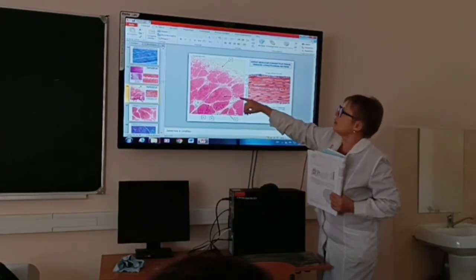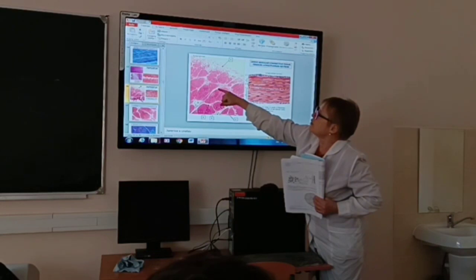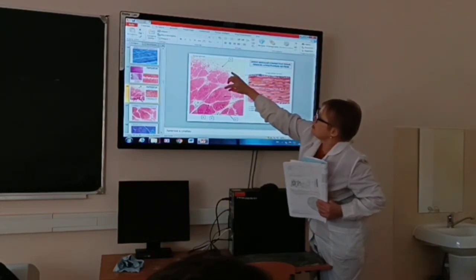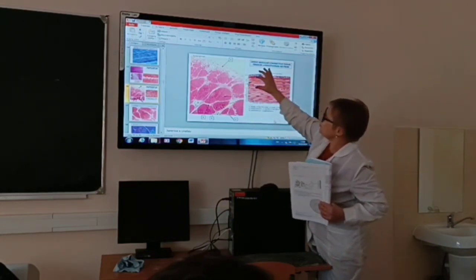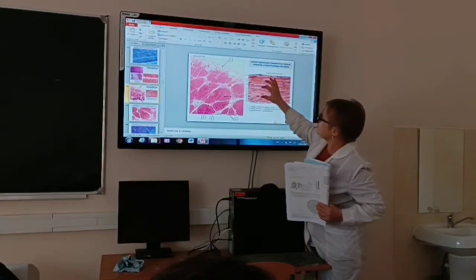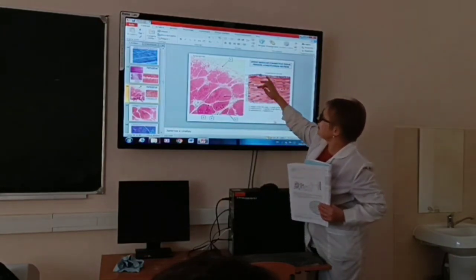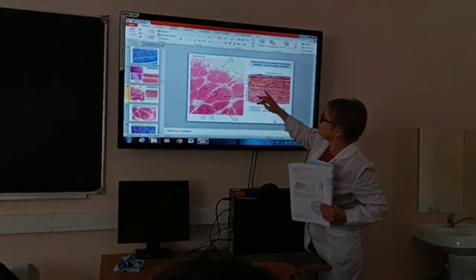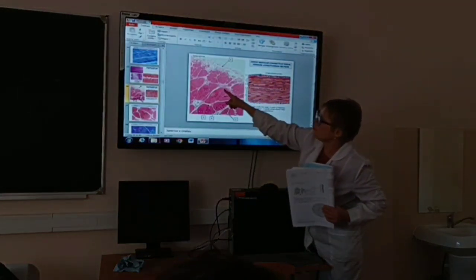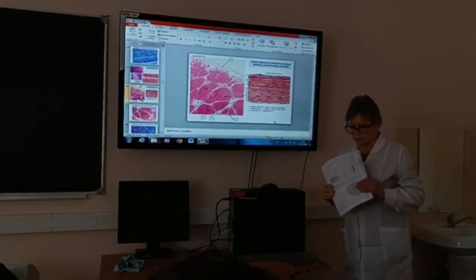So if we imagine that we cut through this part, this corresponds to this. Between them, the loose connective tissue is very thin. Yes?